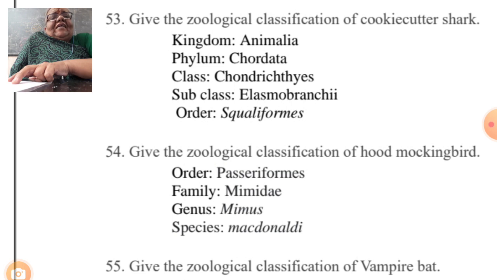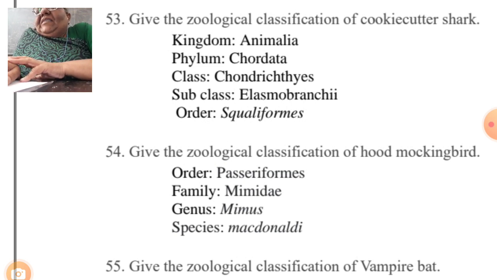Subclass is Elasmobranchii. Order Squaliformes. Example is the cookie cutter shark. Cookie cutter shark is the common name. Its zoological name: generic name Isistius, specific name brasiliensis.